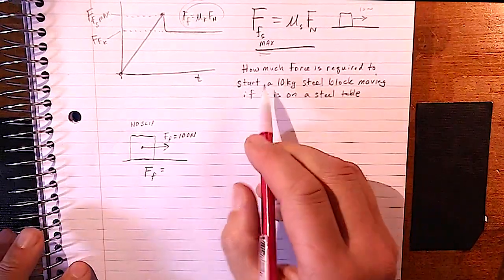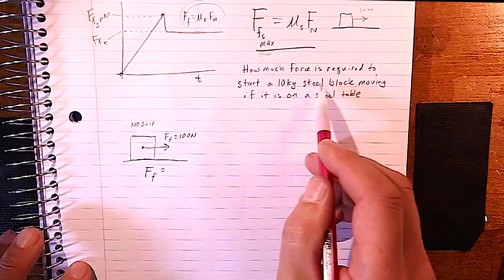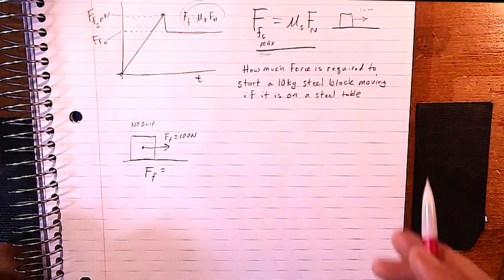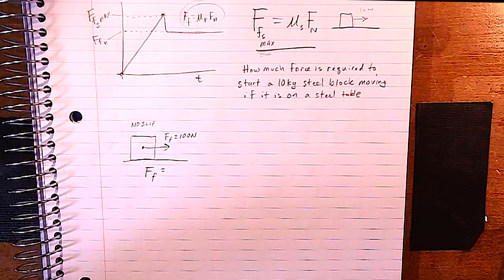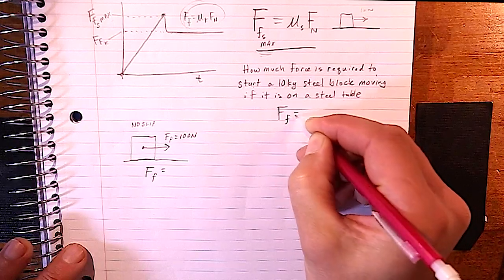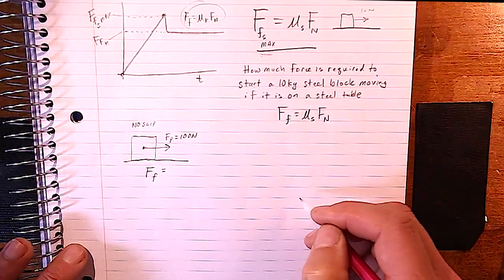So here's the question. How much force is required to start a 10 kilogram steel block moving if it is on a steel table? So the first thing that we have to recognize is that to get it going, we have to overcome that maximum static friction force. So we're going to have to do Ff equals mu s Fn.